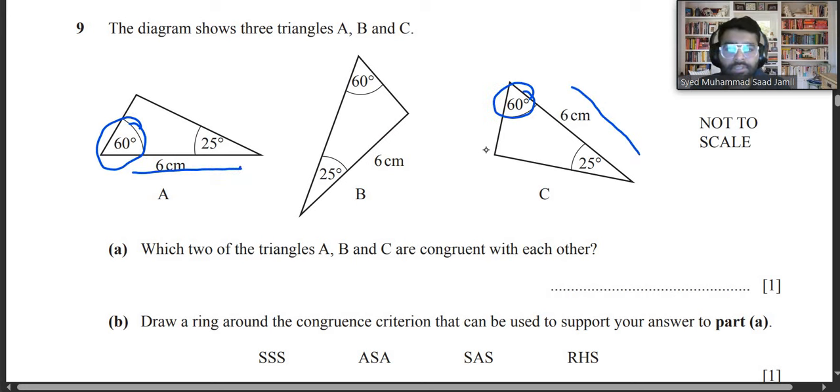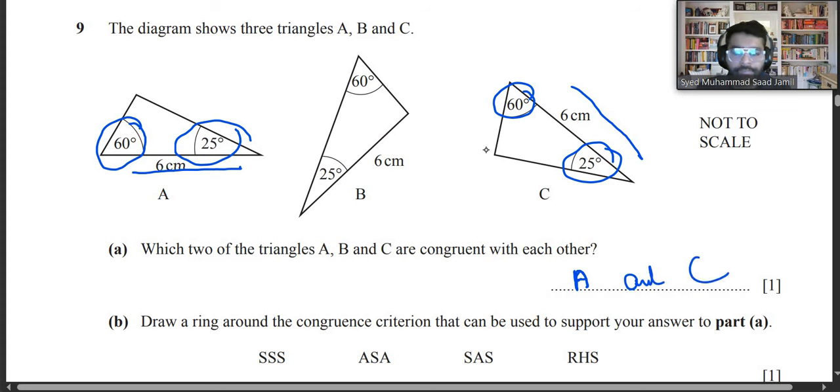This is also 6 centimeters. And in front of 60 degrees, following 6 centimeters, we have 25 degrees. Same. So the rule is angle, angle, side. So you will write A and C over here. The next question was draw a ring around the congruence criterion that can be used. So look, angle, angle, side.